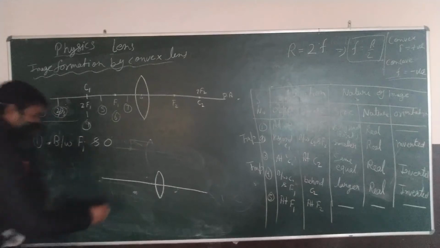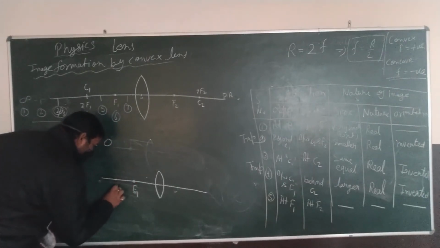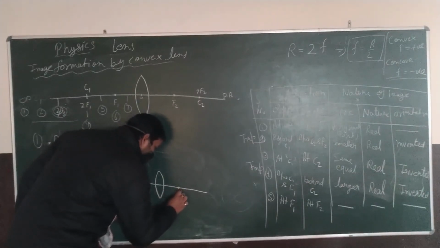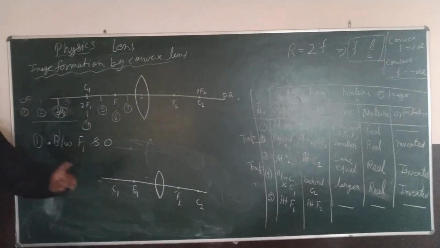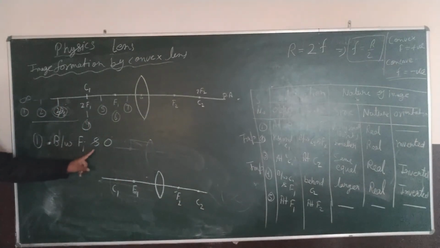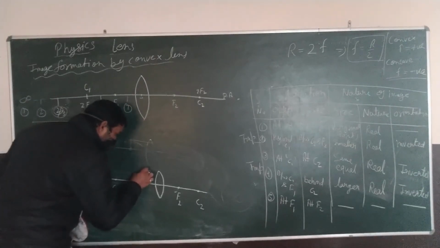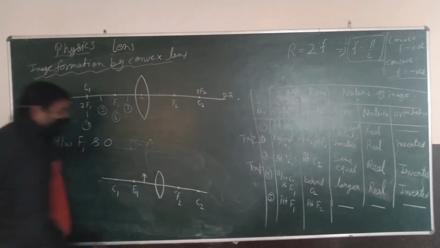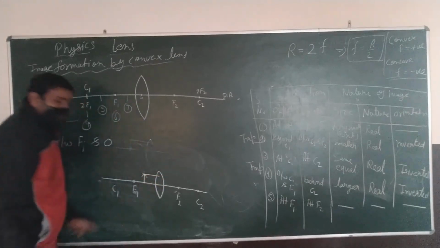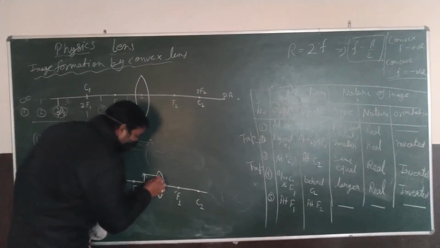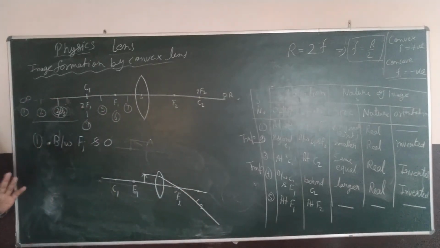This is F1, this is C1, this is F1, and this is F2 and C2. The condition is the object lies in between F1 and F2. So if the ray is traveling parallel to the principal axis, it is very clear that it travels through the focus.